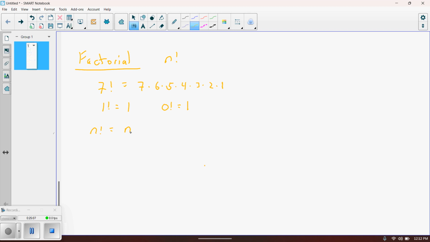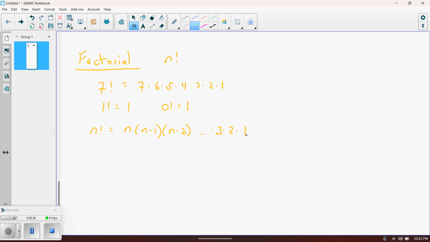Well, the problem is, of course, we don't know what n is, but we do know that the next whole number below n would be n minus 1, and then n minus 2. Basically, just subtracting 1 from n every time would get you the next whole number all the way down to 3 times 2 times 1.